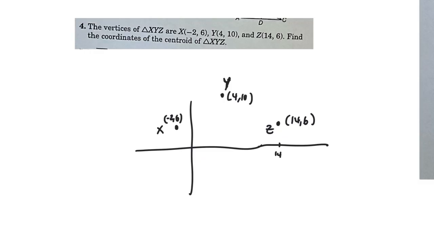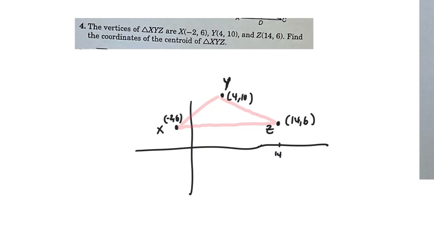So let's imagine drawing this triangle. Clearly not drawn to scale. If they're asking for the coordinates of a centroid and you're plotting it on the XY coordinate plane, the good news is, believe it or not, you only really need to analyze one median.